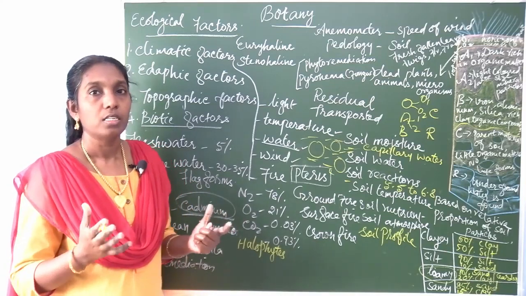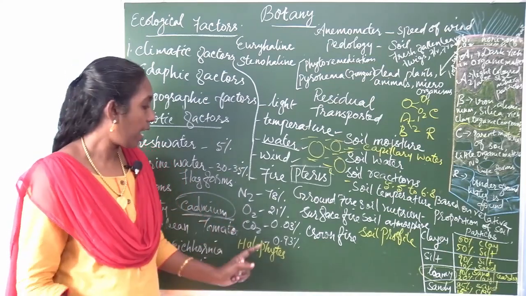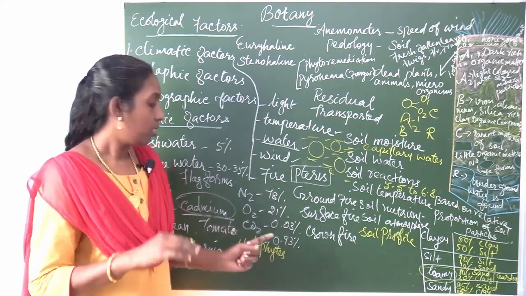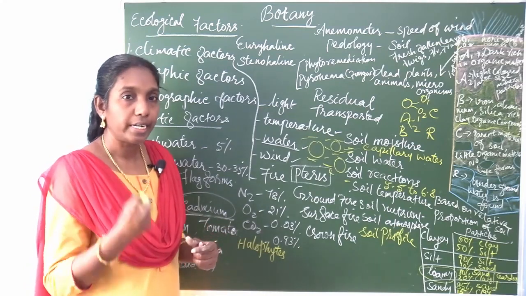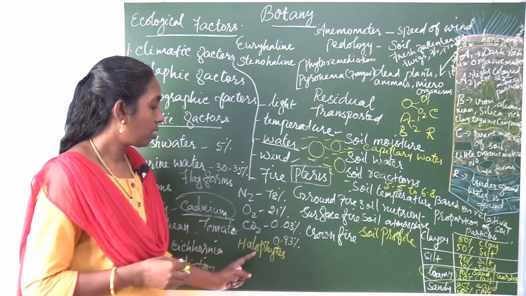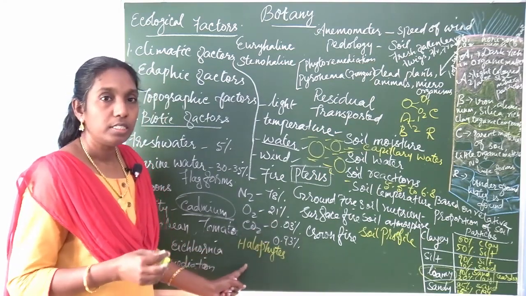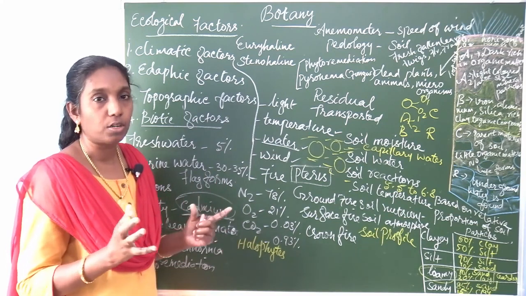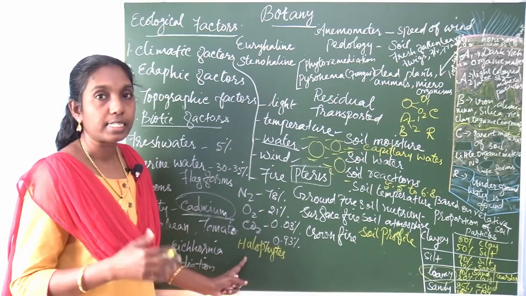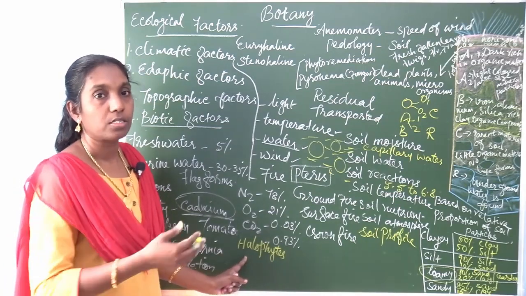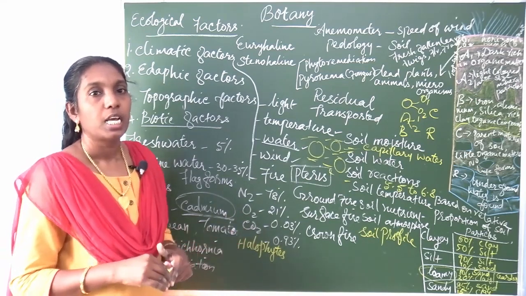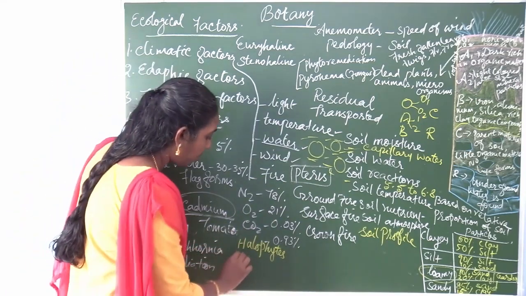There are some plants which grow in saline conditions. You already learned this in lower classes: halophytes are saline tolerant plants. Another classification is psammophytes.